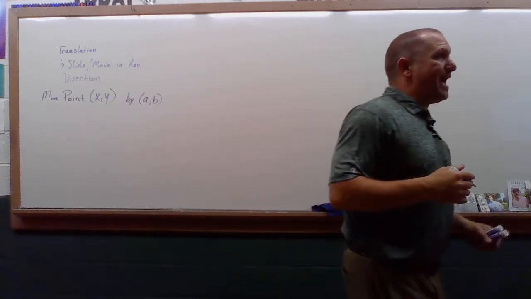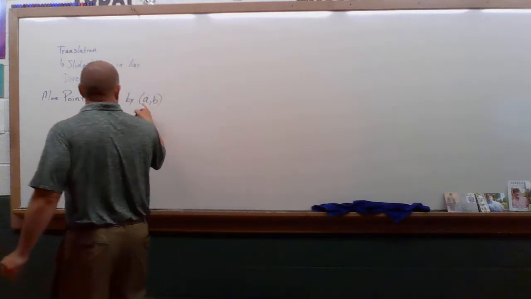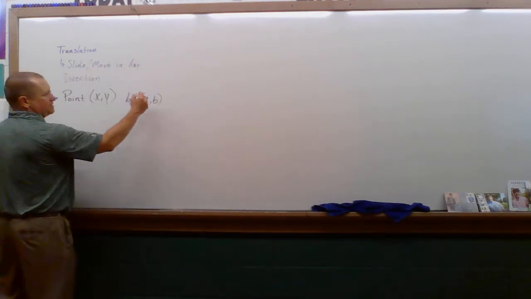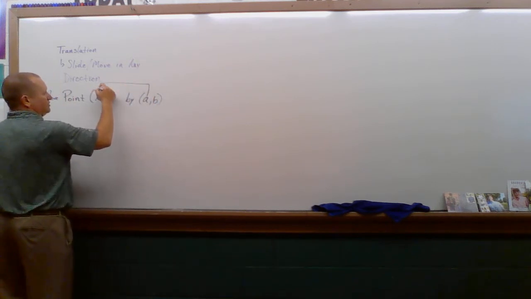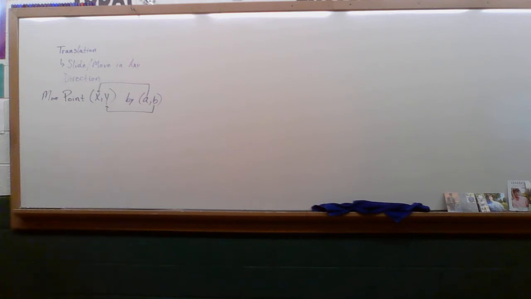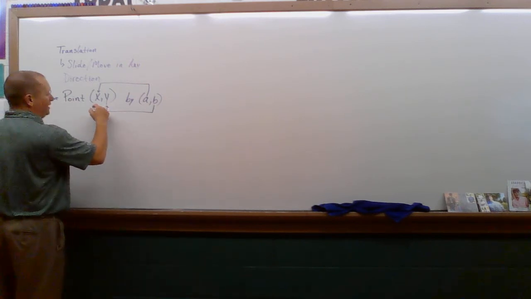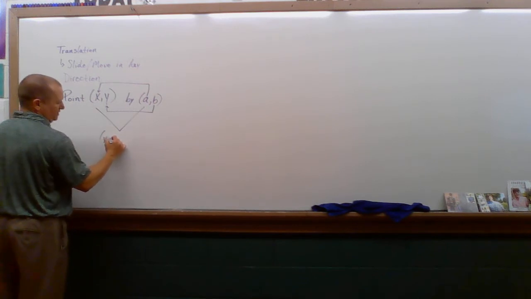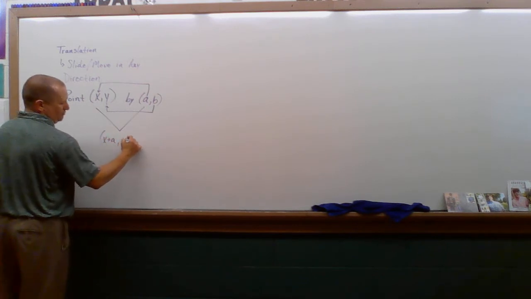So whatever A is, I'm thinking about always adding it to my value of x. Obviously we could subtract if it was negative, but I'm always thinking about adding it. So my new point then would be x plus A and y plus B.